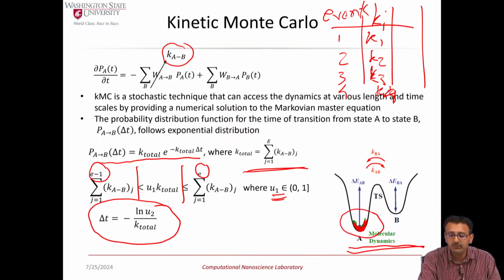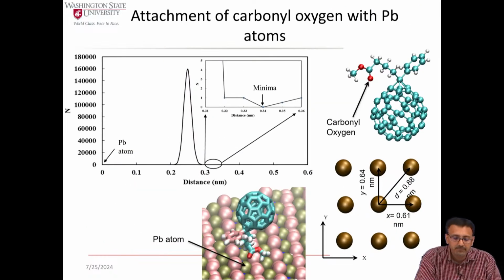It is very difficult for molecular dynamics to escape this energy barrier to sample very different configurations, such as in this case B. The kinetic Monte Carlo does this jump to go from A to B in a discrete step, and the frequency of that process will depend on the transition rate for that specific process or event.